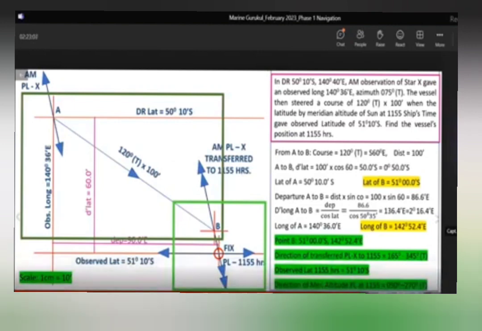So we have used the plane and parallel sailing to obtain point B. So we can now directly plot point B in our diagram and no need to show point A in our diagram now. So any doubt in this calculation, beta?